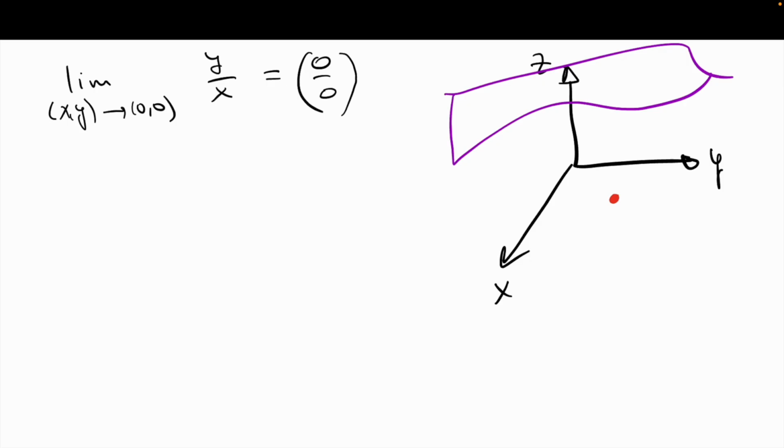In this case, the problem is, as I said before, the neighborhood of a point is a disk, so there is no left and right there. In order to show that the limit exists, you need to show that in all possible directions the limit is the same, meaning that if you approach this point along this line, or this line, or this line, you always get the same result.